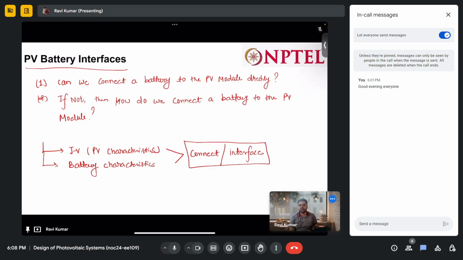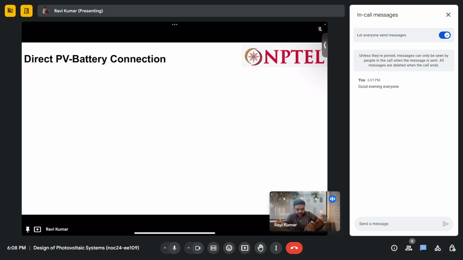So let's see what the battery characteristics are. First of all, we will see direct PV battery connection. It means directly we are connecting a battery to a PV system.